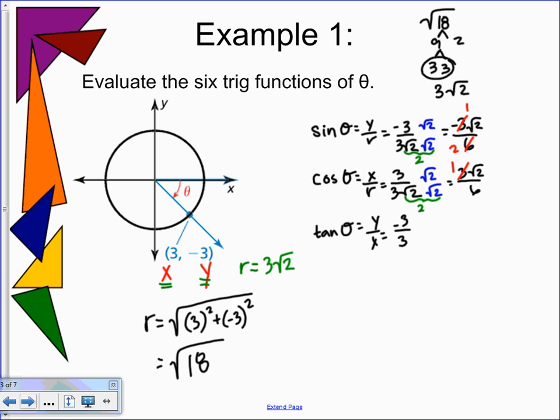Same here, 3 goes into 3 1 time, 3 goes into 6 2 times. So I come up with negative square root 2 over 2, positive square root 2 over 2, and then down here it would be negative 1. Does anybody have any questions about how I got those?